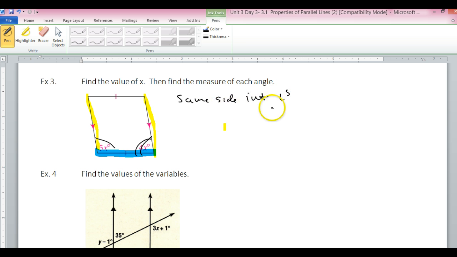What do same side interior angles do? They add up to 180. So 5x plus 4x equals 180. Now I can solve for x, and x is equal to 20. Once we know the value of x, I can plug it in. 5 times 20 tells me this angle is 100 degrees. And if these are supplementary, I can either plug x in, or I know they have to add up to 180, so that's 80 degrees.